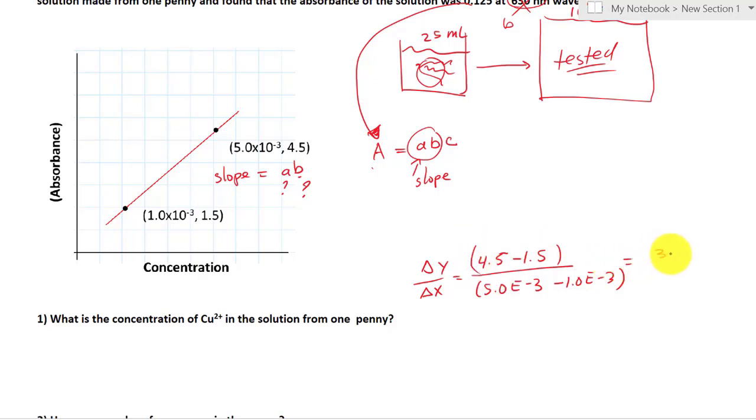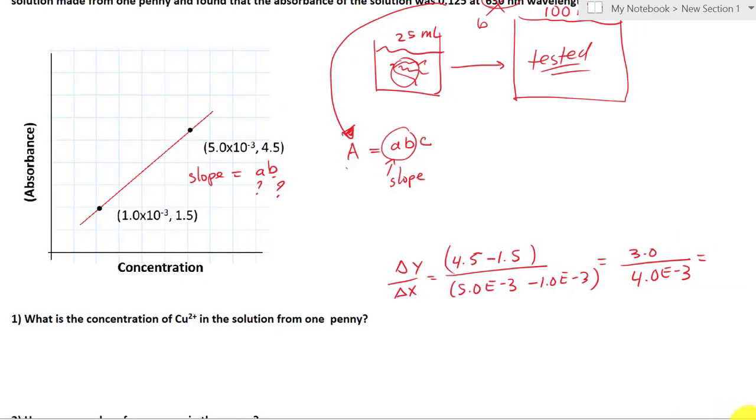On top would be 3.0, on the bottom would be 4.0 e to the negative 3. Let's plug this into our calculator, 3.0 divided by 4.0 e to the negative 3, and that turned out to be 750. And this 750 is equal to A times B. Okay, that is our slope right there.